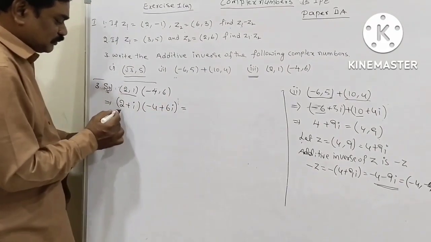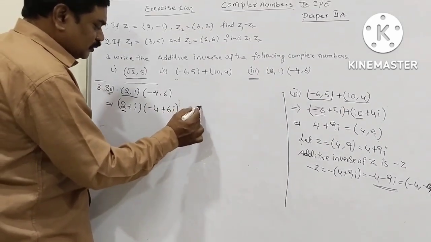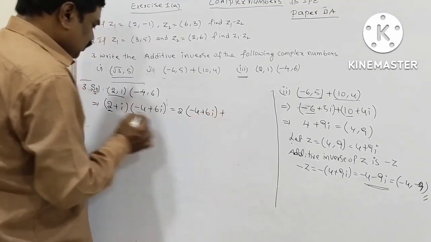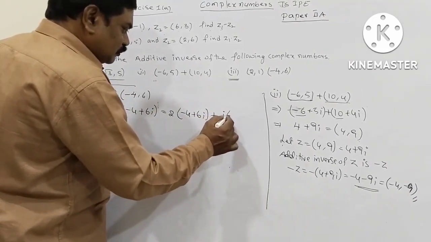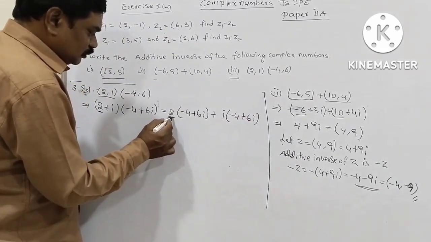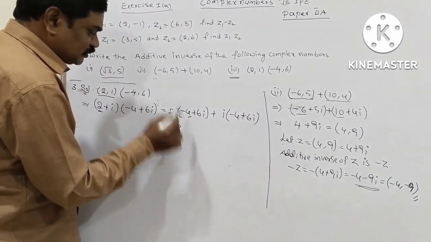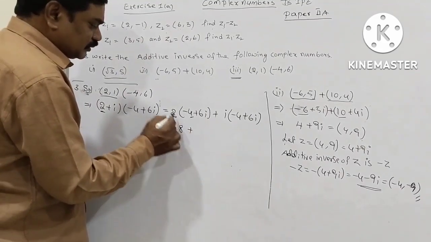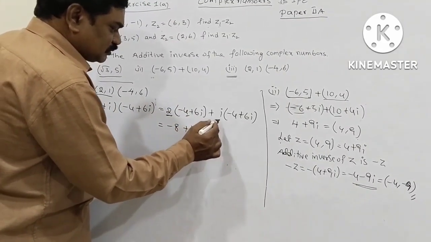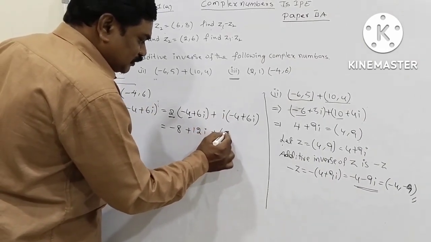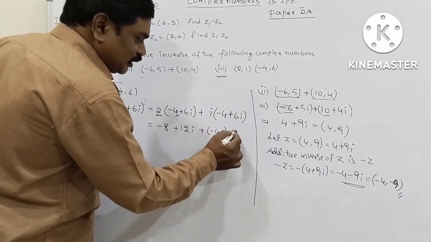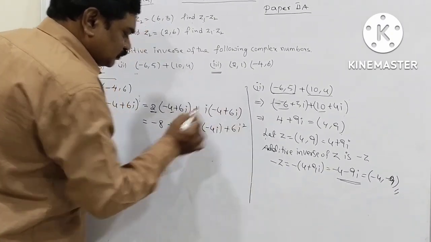This is equal to what? This is 2 into minus 4 plus 6i, plus i into minus 4 plus 6i, which is equal to 2 into minus 4, how much? Minus 8, plus 2 into 6, how much? 12i, plus i into minus 4, how much? Minus 4i, plus i into 6i, how much? 6 into i square.